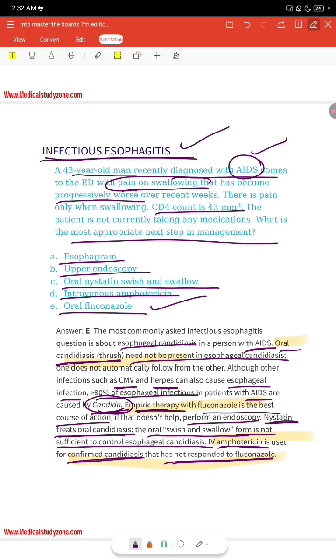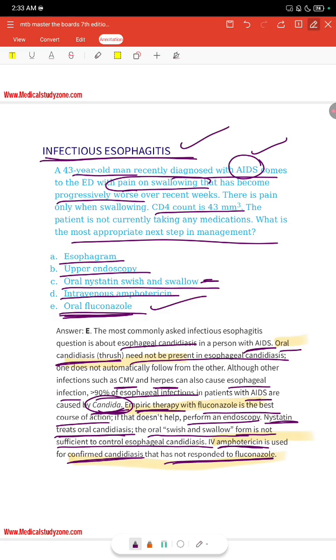So now you have to give treatment according to this scenario. The best next step in management is empiric therapy with fluconazole. Why not oral nystatin?